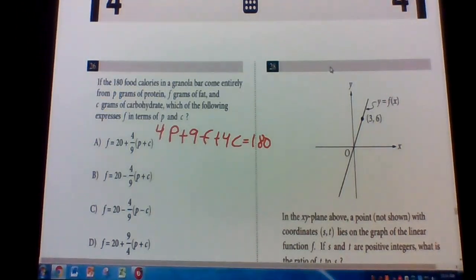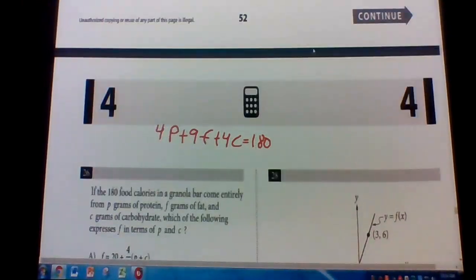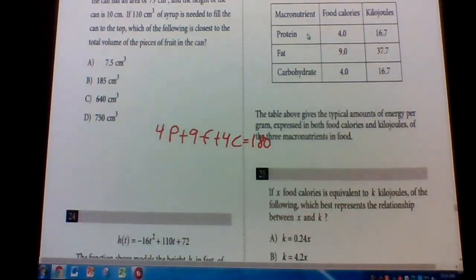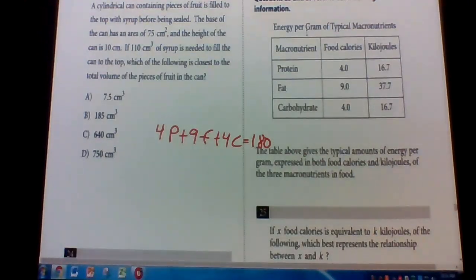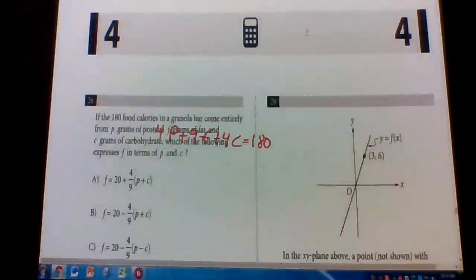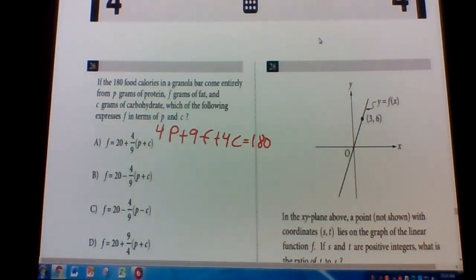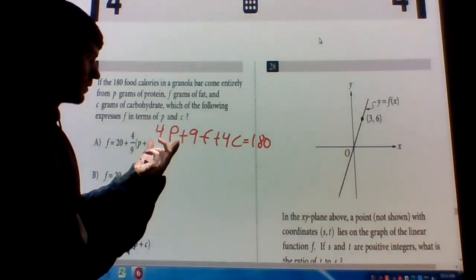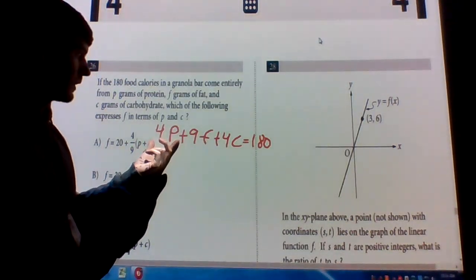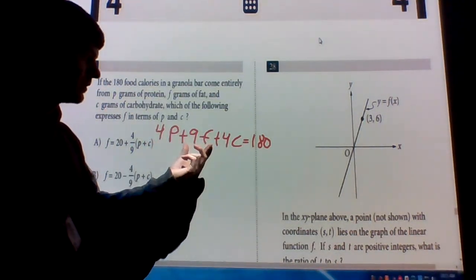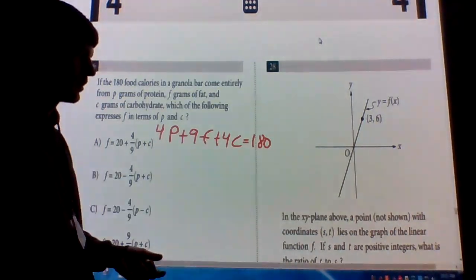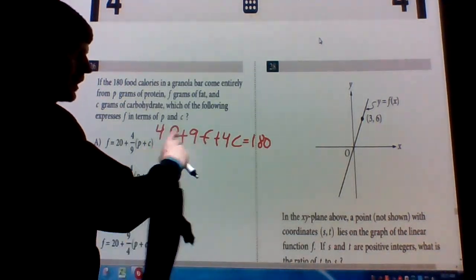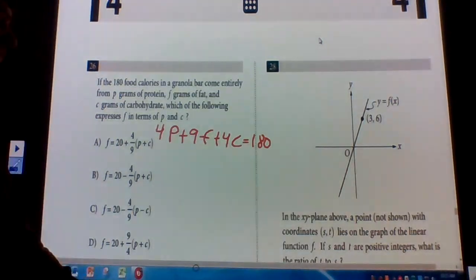Right, 4 grams per, I hate these dual problems because you can't see everything. Oh, that's energy per gram, okay. So P represents the grams, so it's 4 calories per gram, 9 calories per gram, 4 calories per gram. And we add that up and we get 180 calories.